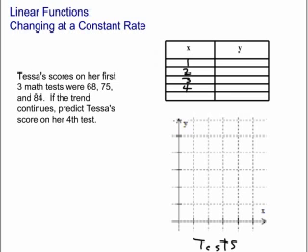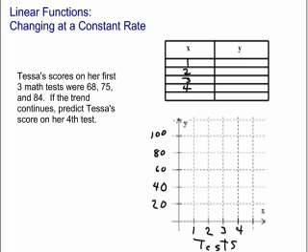So along my x-axis, we have the tests that Tessa took. And those are tests 1, 2, 3, and 4. And along my y-axis, we have Tessa's scores. And let's see, from 68 to 84, I'm going to make a scale of 20 here, so I can get them all to fit in.